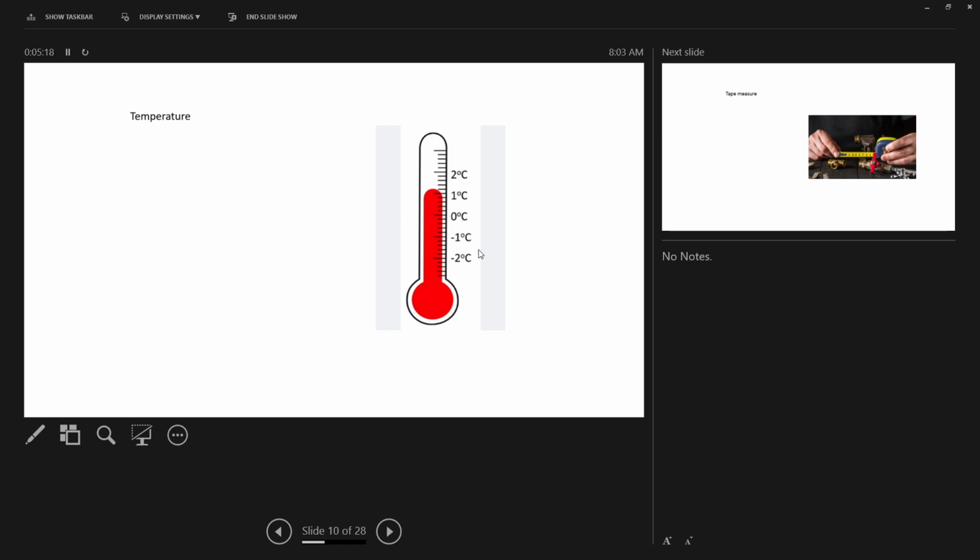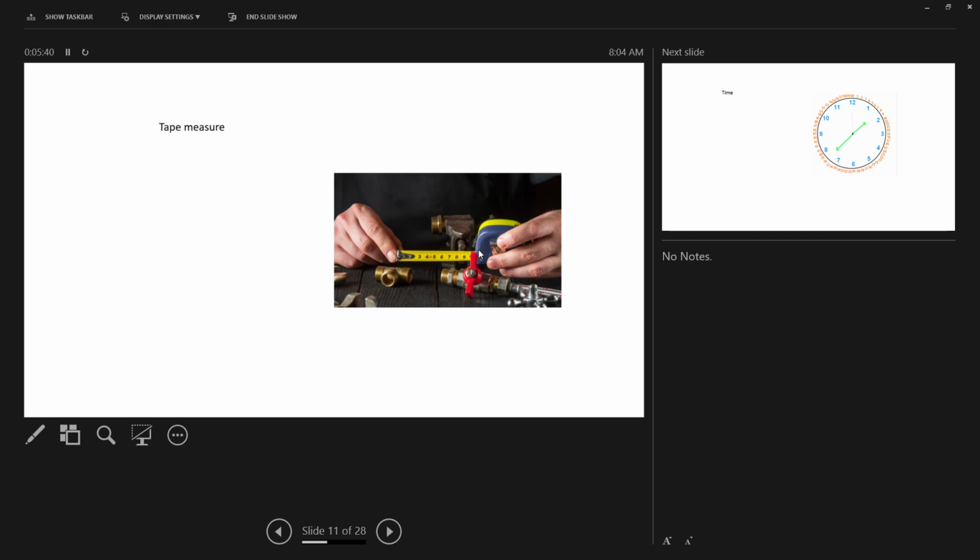The red liquid, the top red liquid, the peak point, marks the temperature of the measured area where we put the temperature measurement. Tape measure, where a man or woman can measure the distance between 2 points.